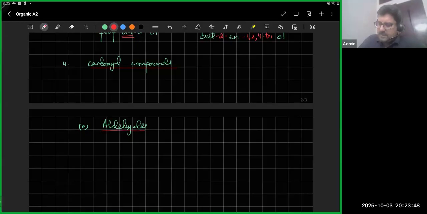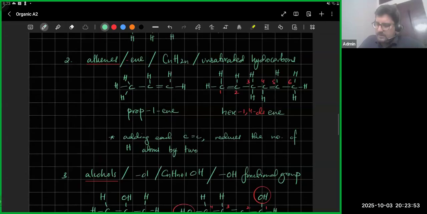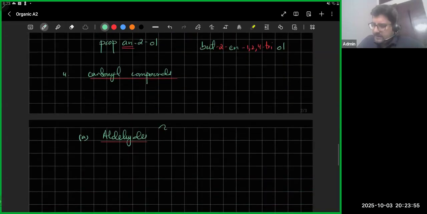What are aldehydes? Their suffix will be -al. Their functional group is basically C double bond O at the end, and the general formula is going to be CnH2nO.